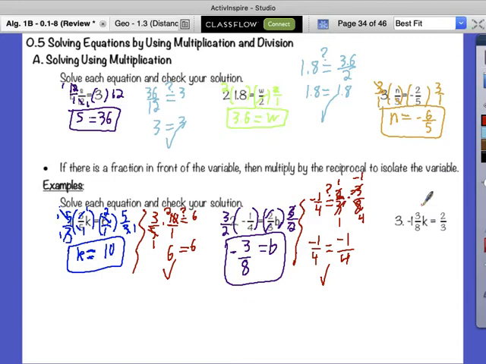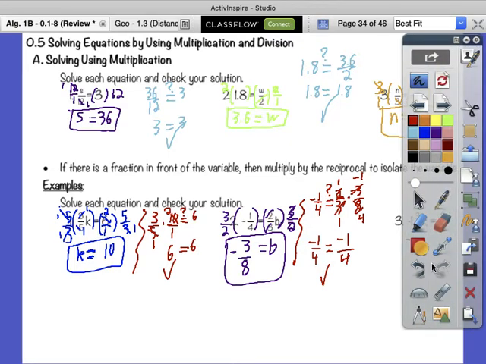Alright, so let's talk about number 3 together here, okay? Negative 1 3/8. Well, 1 times 8 is 8, plus 3 is 11. So this is really the same thing as, let me change colors here.